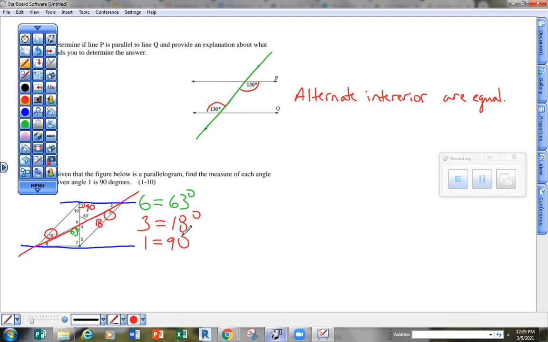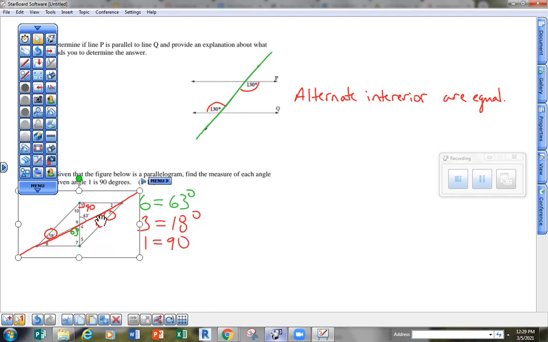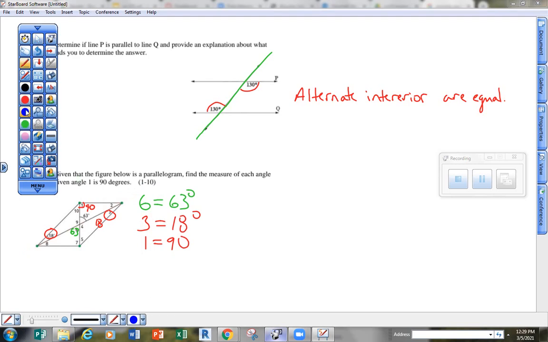So if angle 1 is 90, it looks like I got another pair of parallel lines cut by a transversal. Let me try to show those. Here are these two parallel lines, but this time the transversal is right down the middle. So that means if this is 90, angle 7 is 90.